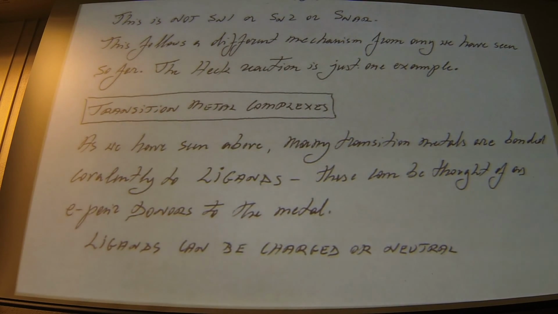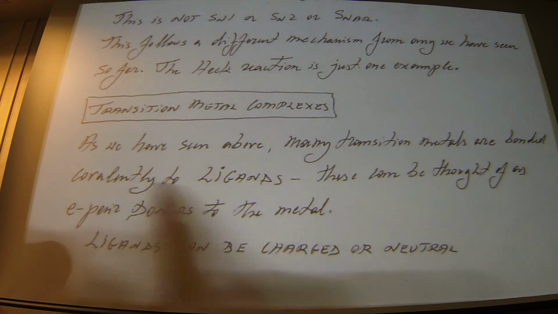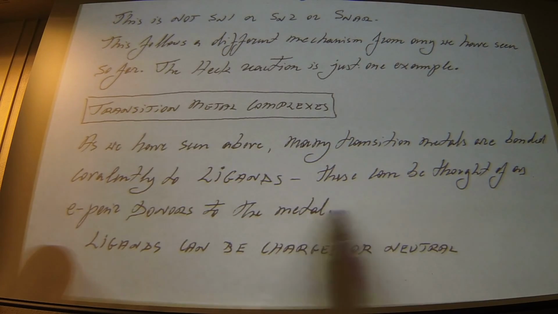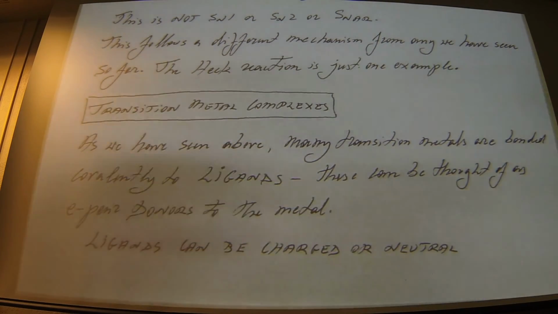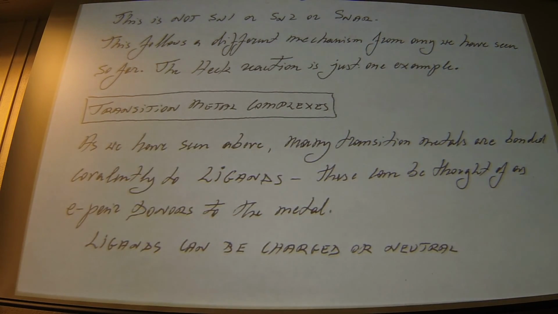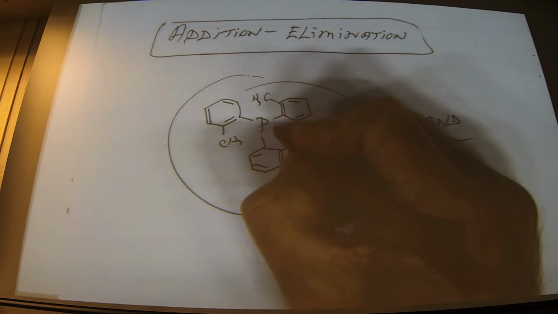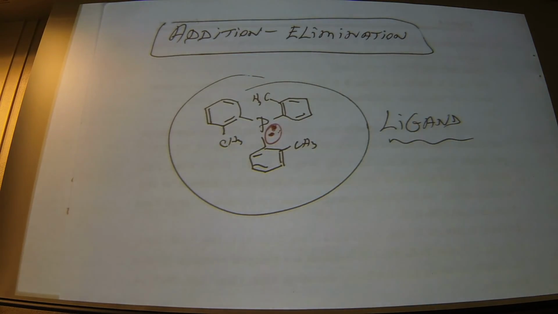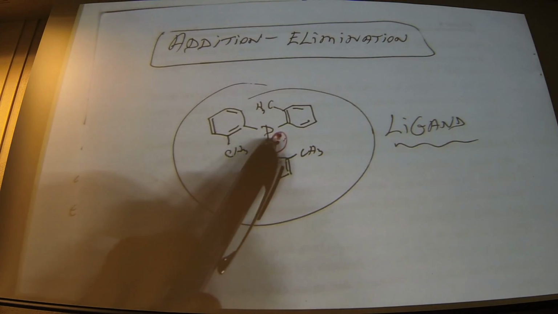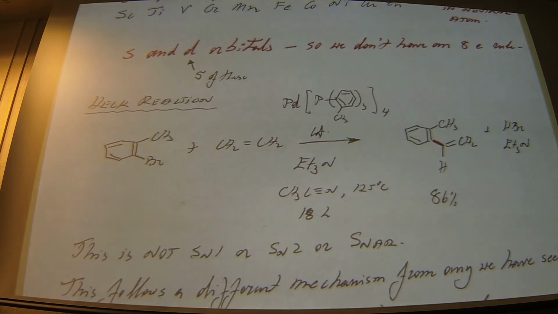So a lot of these transition metals are going to be bonded, I said non-covalently and then covalently, to ligands. But you can think of these as just being electron pair donors. Remember that the triarylphosphine has an electron pair right there. And so you think of this electron pair as being shared by the phosphorus and the palladium.